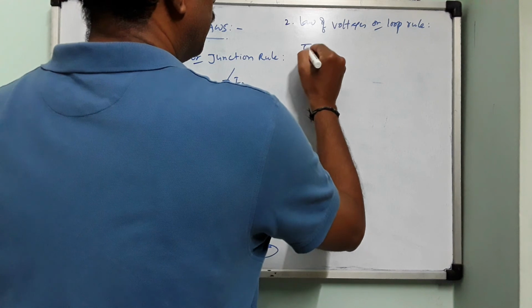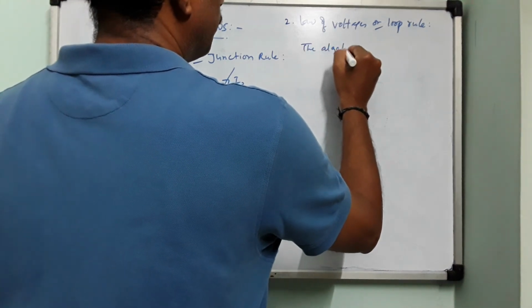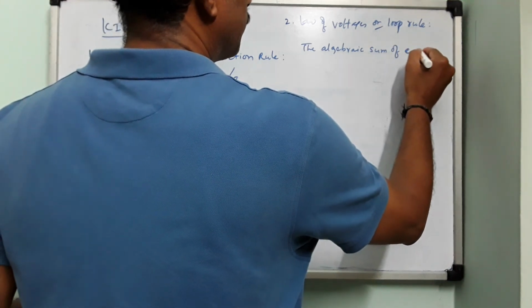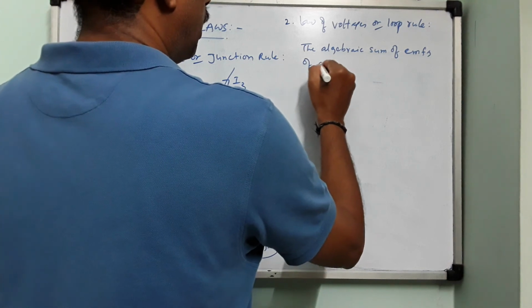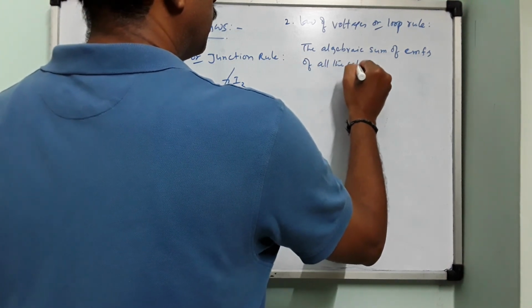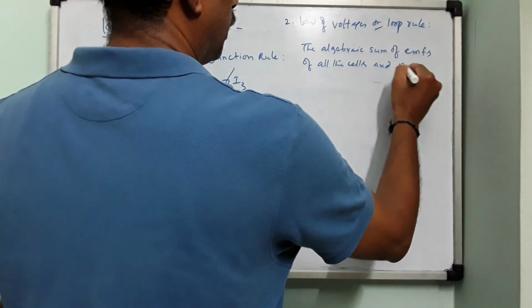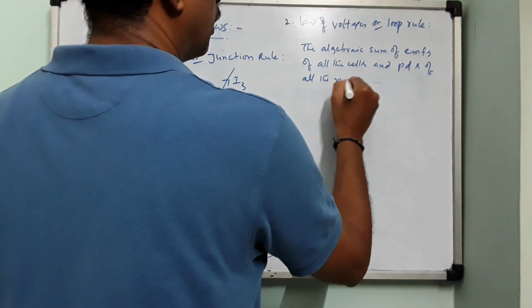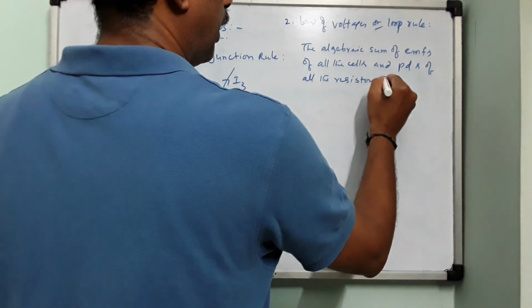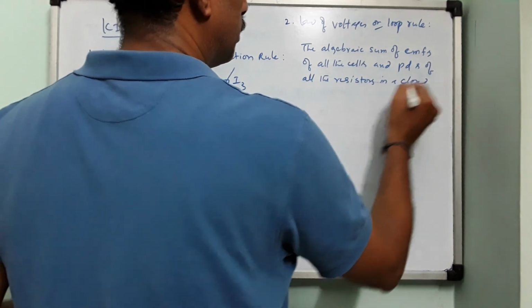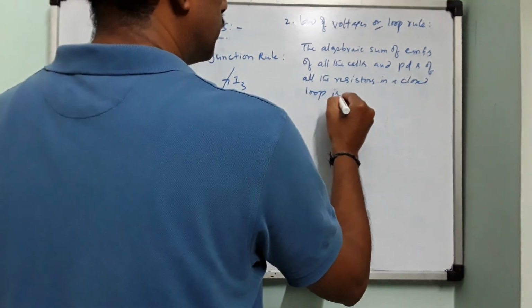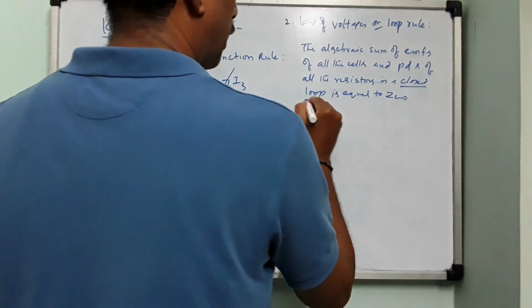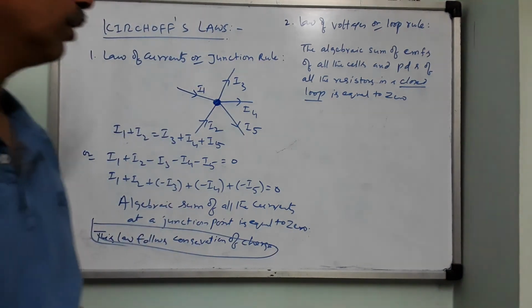The algebraic sum of EMFs of all the cells and potential difference of all the resistors in a closed loop is equal to 0. This term is important. Closed loop is equal to 0.